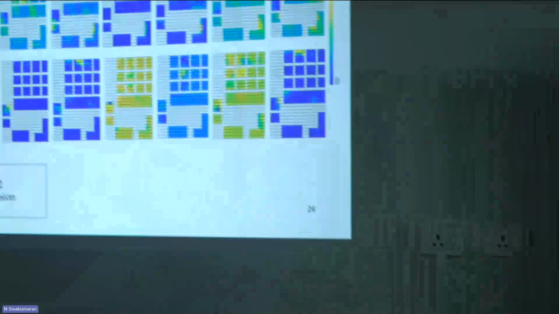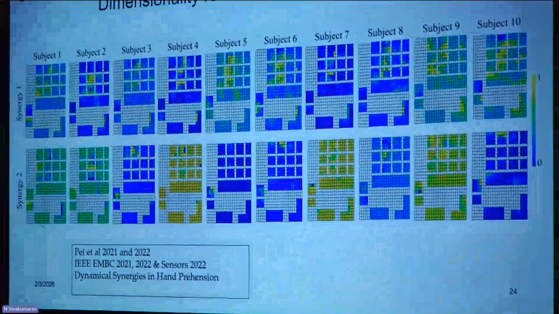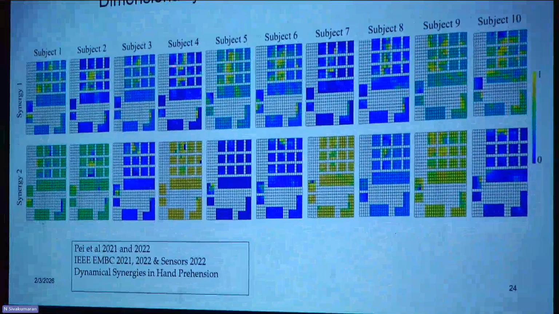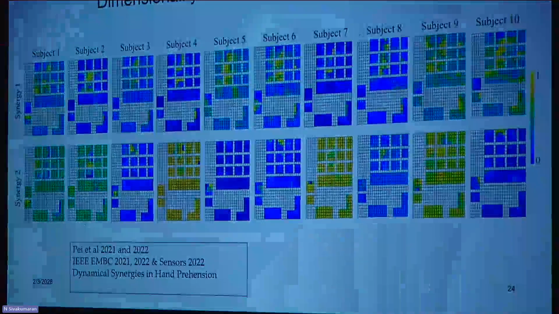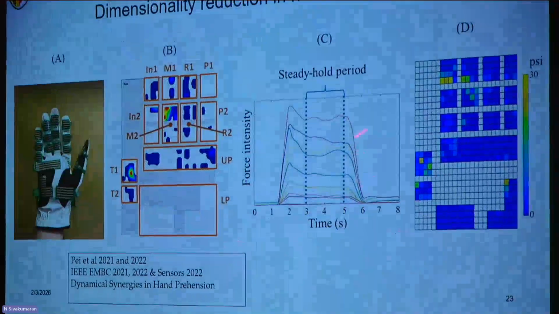The same dimensionality reduction method you could use on these postures. These are again two-dimensional matrices with activity, and so you could use the same methods on these types of postures.